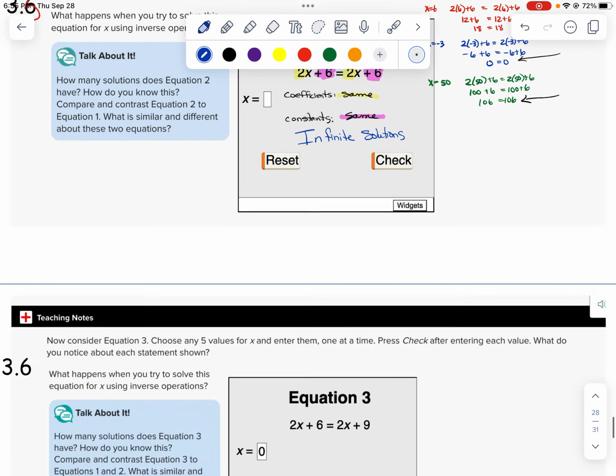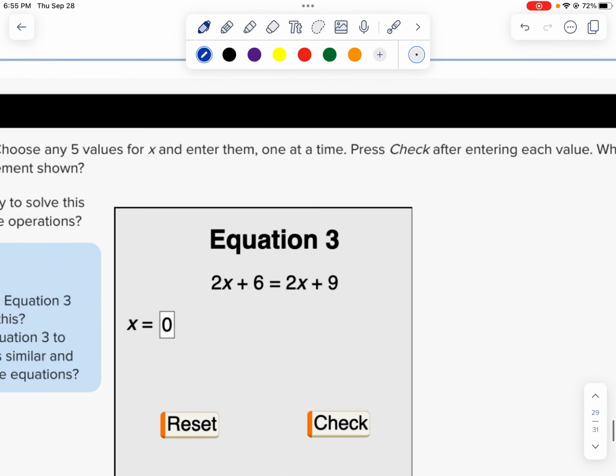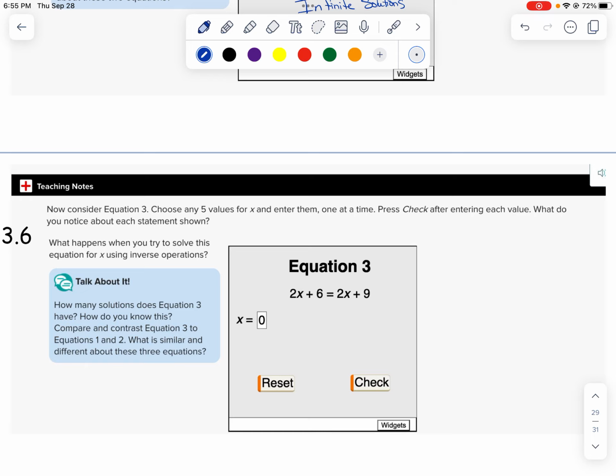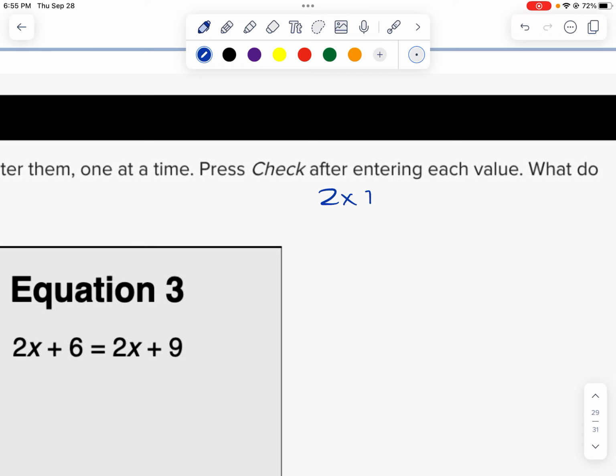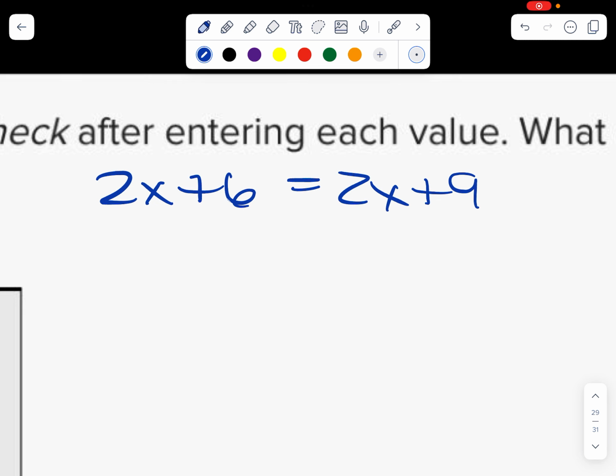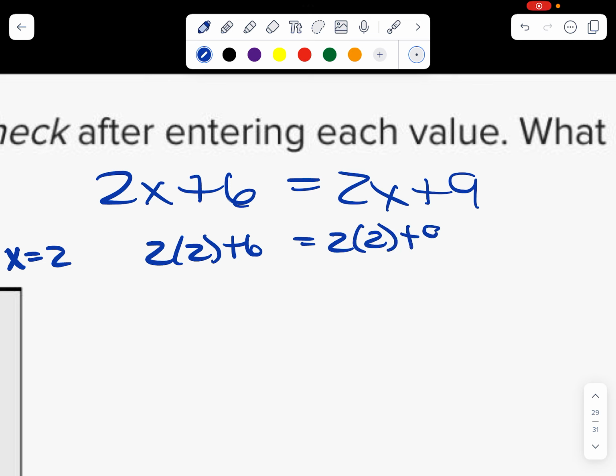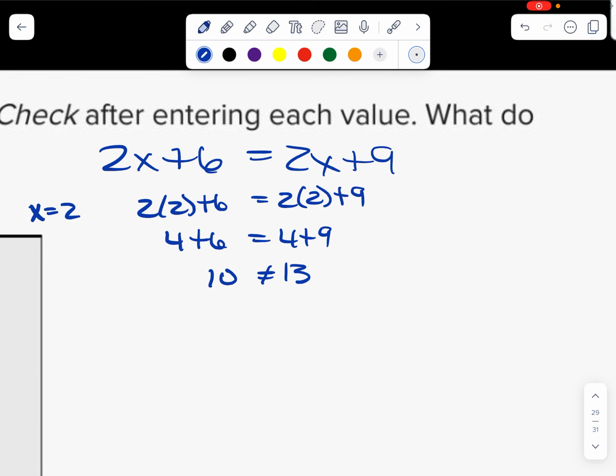Okay, let's go to the next one. And let's see, now choose any 5 again. So I'm going to come over to the side. It says 2x plus 6 equals 2x plus 9. Let's look at this. I'm going to pick x equals 2. 2 times 2 plus 6, 2 times 2 plus 9. 4 plus 6 equals 4 plus 9. 10 does not equal 13. Let's try another one.